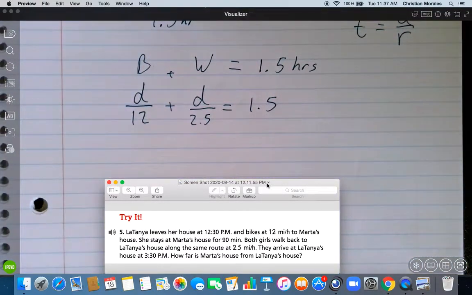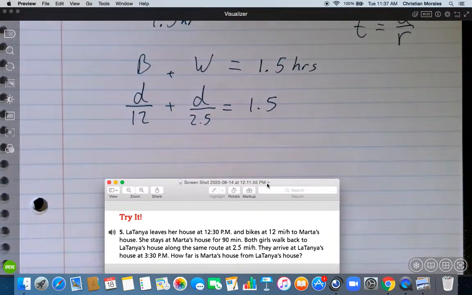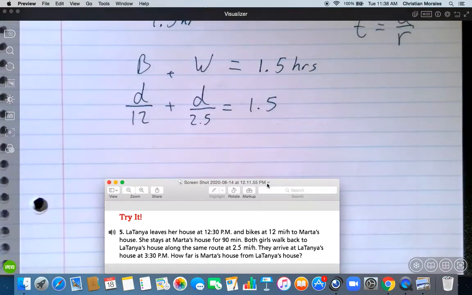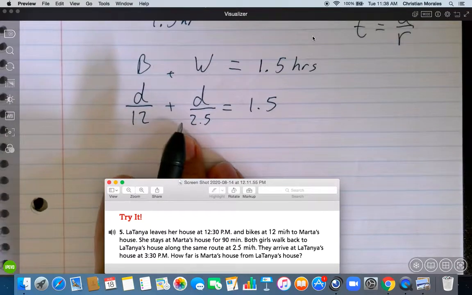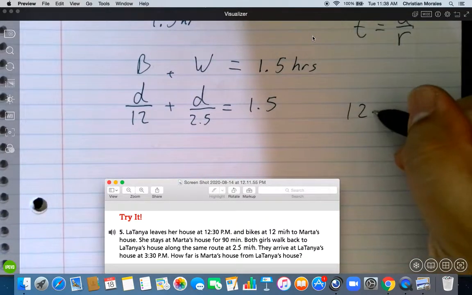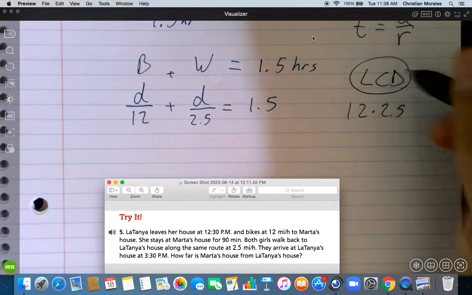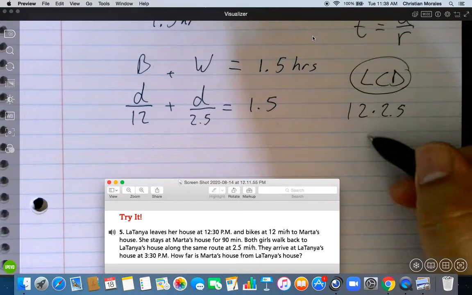All right? Now, we have 2 different denominators. What do we do when you have 2 different denominators? Ladies and gentlemen, we have to find the least common denominator for 12 and for 2.5. To do that, we multiply them. So we're going to multiply 12 times 2.5, and we get 30.